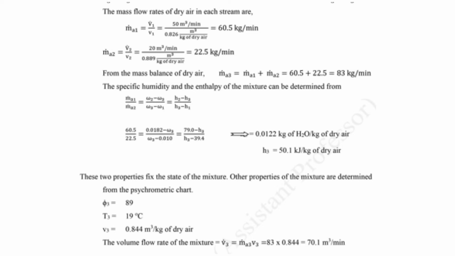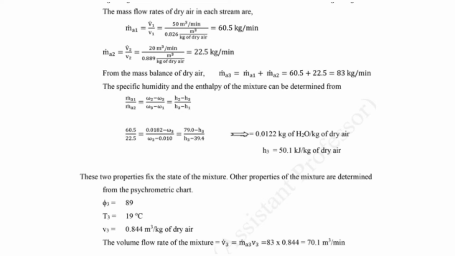The mass flow rate of dry air at stage 2, V2 by nu2, is equal to 20 cubic meters per minute divided by 0.889 cubic meters per kilogram of dry air. From the mass balance of dry air, the mass flow rate of dry air at 3 is equal to m_a1 plus m_a2.